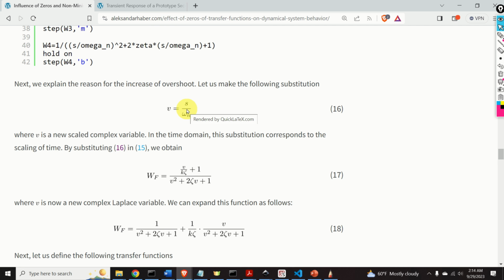In the time domain, this substitution corresponds to simple scaling of time. So tau will be related to the original t, and we will have tau equal to some constant, let's denote it by c, times t, where this c depends on this constant omega n.